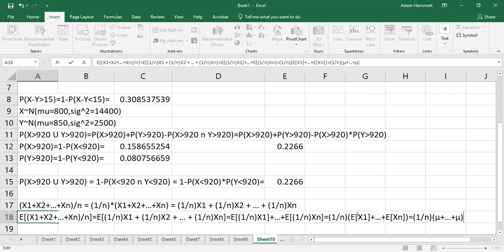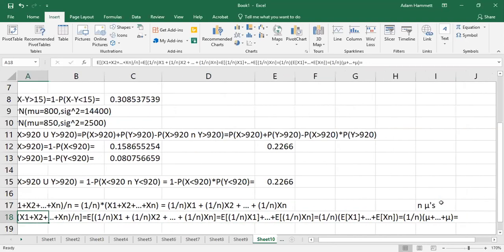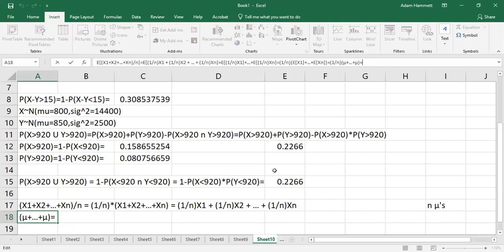Well, how many were there right here? 1 all the way through. There were n of them, right? So there are n mu's added together here. Do you see what I'm saying? There's a total of n mu's added together right there. So if I add n mu's together, that's going to be 1 over n times how many mu's?